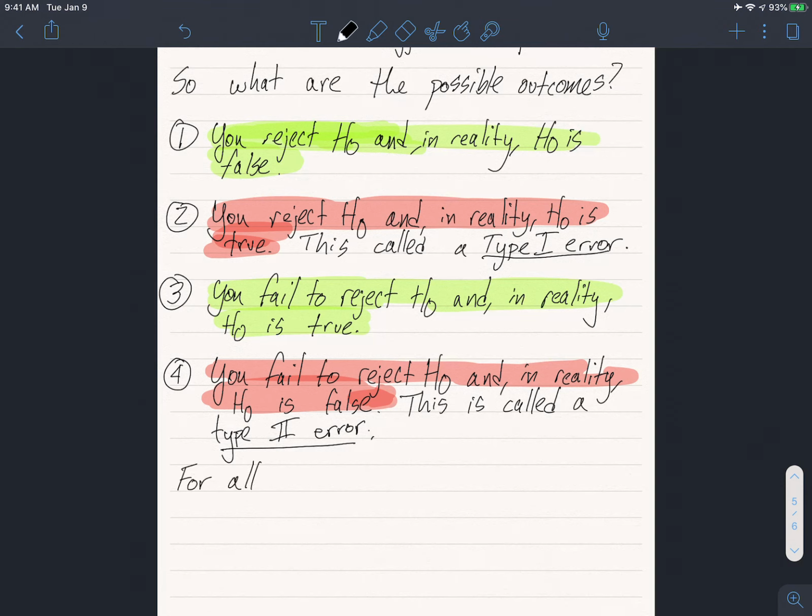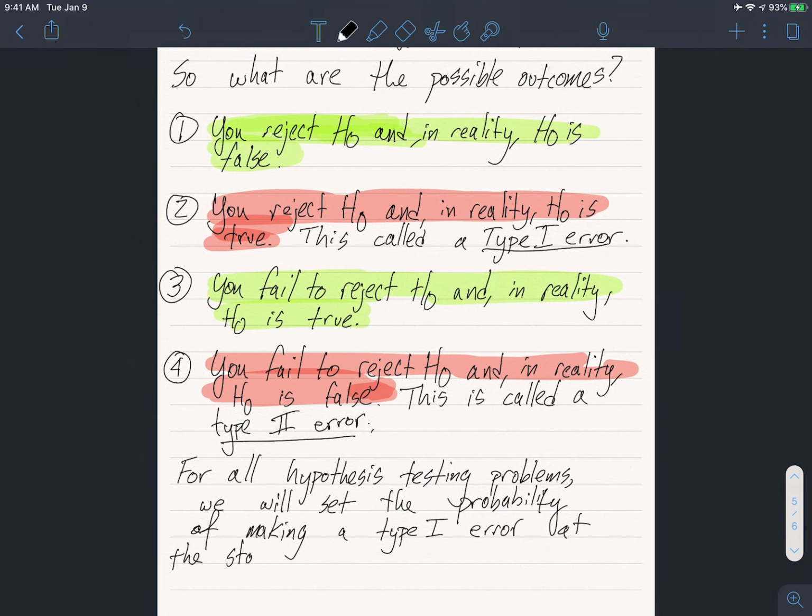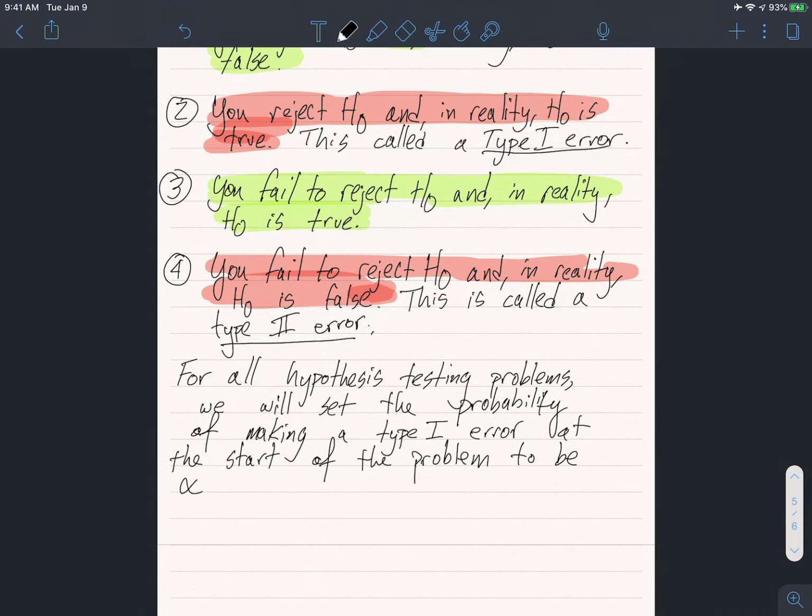for all hypothesis testing problems, we will set the probability of making a type 1 error at the start of the problem to be alpha, but you've seen the symbol before.